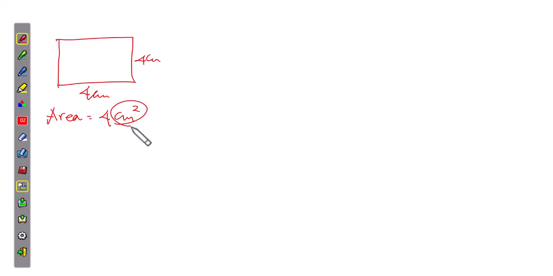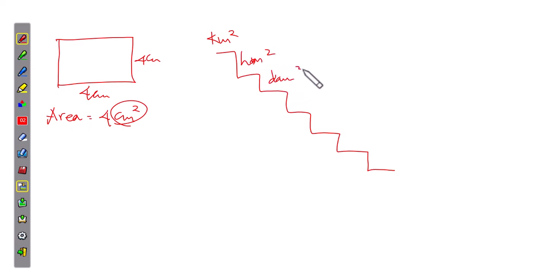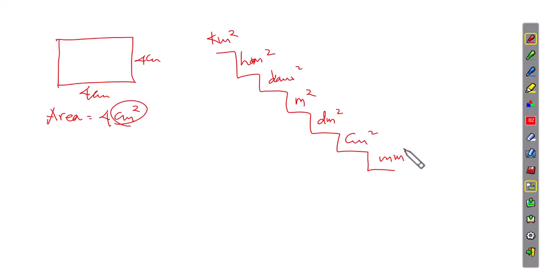For example, here you have kilometer square, hectometer square, decameter square, meter square, decimeter square, centimeter square, and millimeter square. So for the length, you just times it by 10.